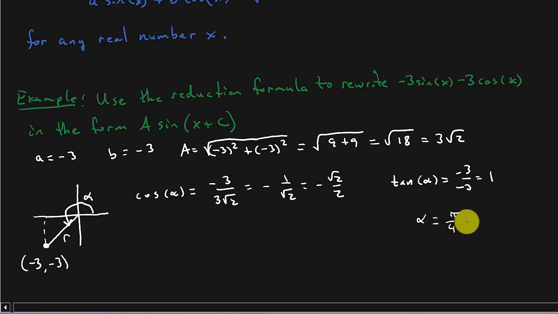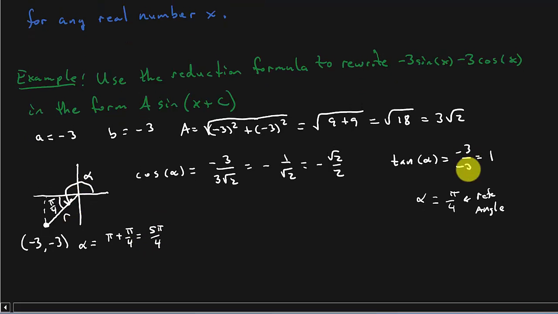This pi over 4 is considered a reference angle. So this angle right here is pi over 4. And so to get alpha, alpha is going to be pi plus pi over 4, which is 5 pi over 4, because we got to go to pi and then pi over 4 more.